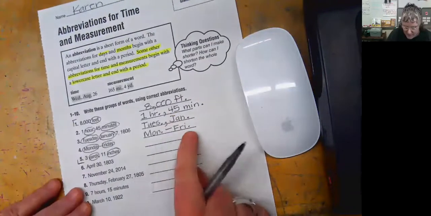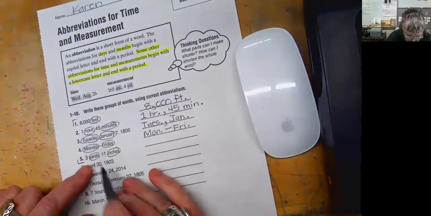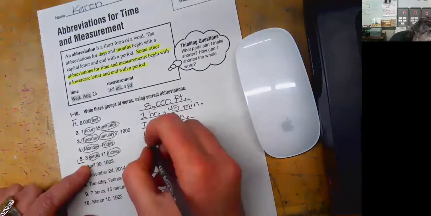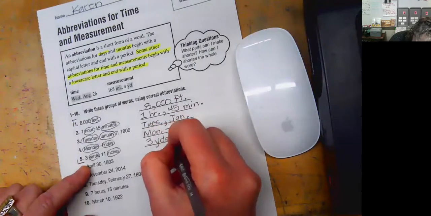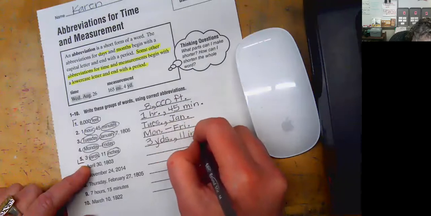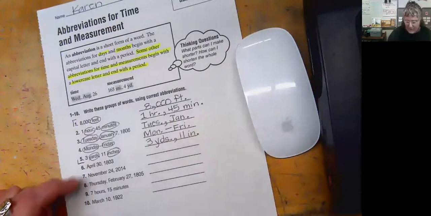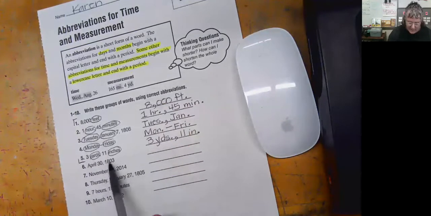Those get capitalized because they were capitalized over here. 3 yards, YDS period, comma, 11 IN period. All right. So you guys are going to work on 6 through 10. I'm going to give you a little bit of time. I'm going to put on the Jeopardy theme music. Ready, set, go.